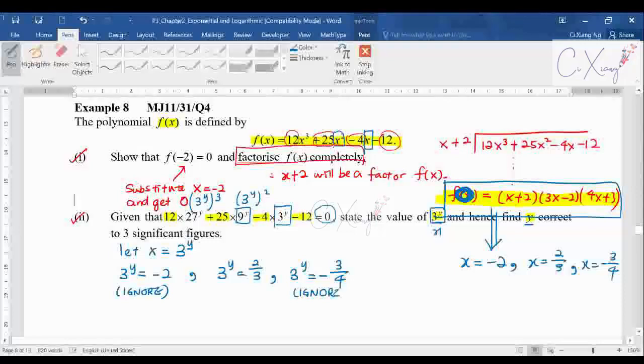Therefore, you also ignore this part. So when you solve this, you have y equals ln(2/3) divided by ln 3. So eventually, you have only one value for y, which is -0.369.